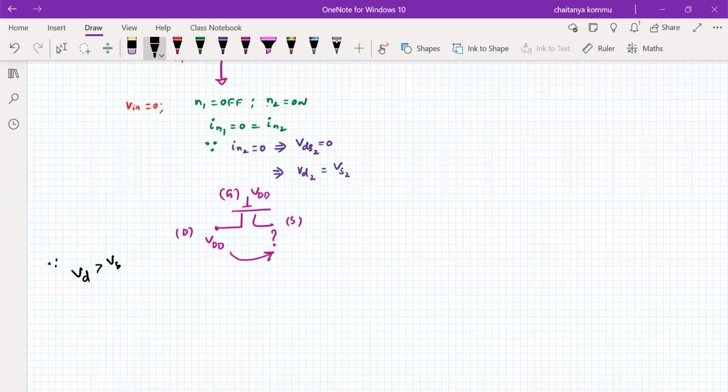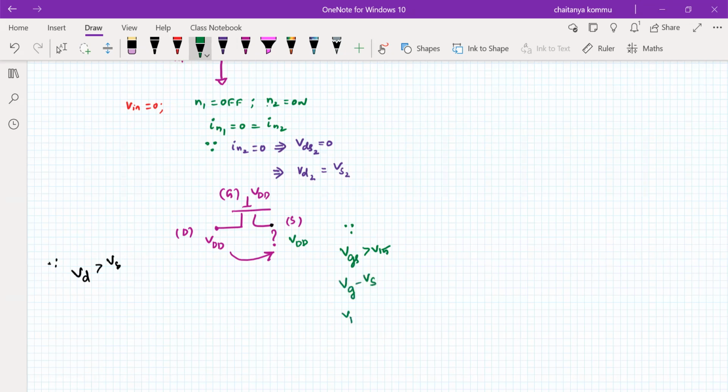Then what is the maximum voltage that we have to apply? For example, if the drain potential is observed at this point, what is the condition of this transistor? As everybody knows, for the transistor to be on, VGS should be greater than the threshold voltage. But if VDD is transferred to the source side, what is VG minus VS?